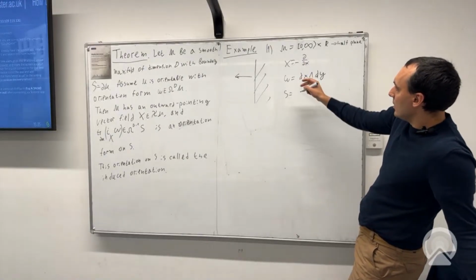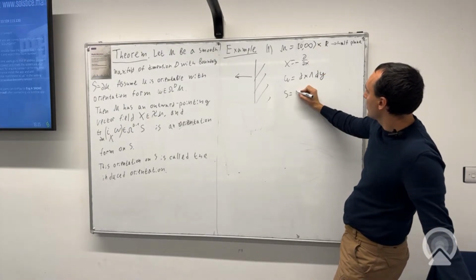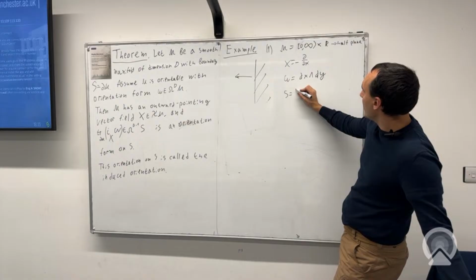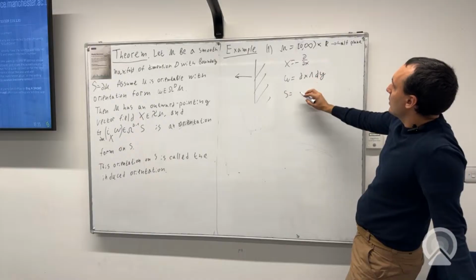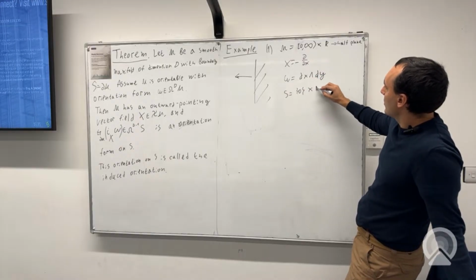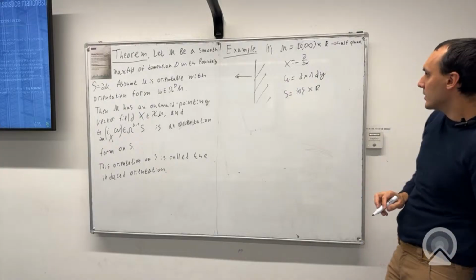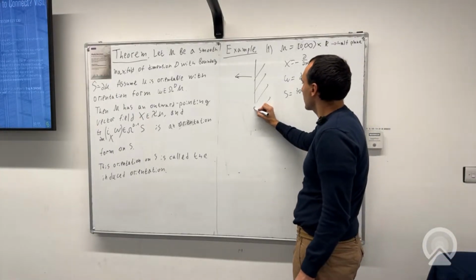And S is the line. So S equals, when x equals 0, 0 times R. This is S.